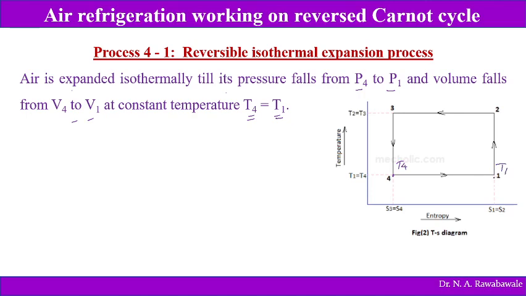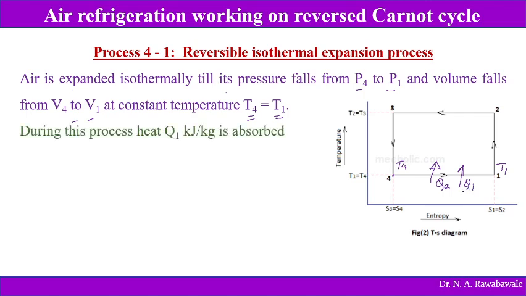Here, as the system is at lower temperature, it has an affinity to absorb heat energy. So Q1 amount of heat is taken here. During this process Q1 kilojoules of heat is absorbed.